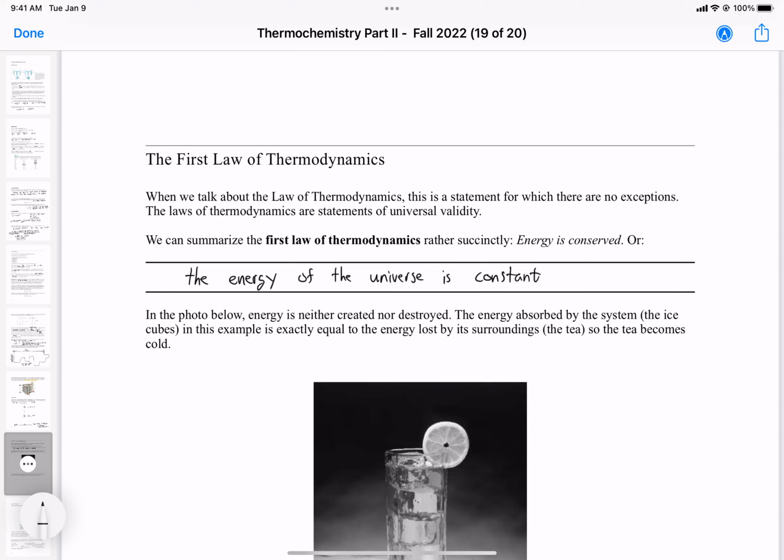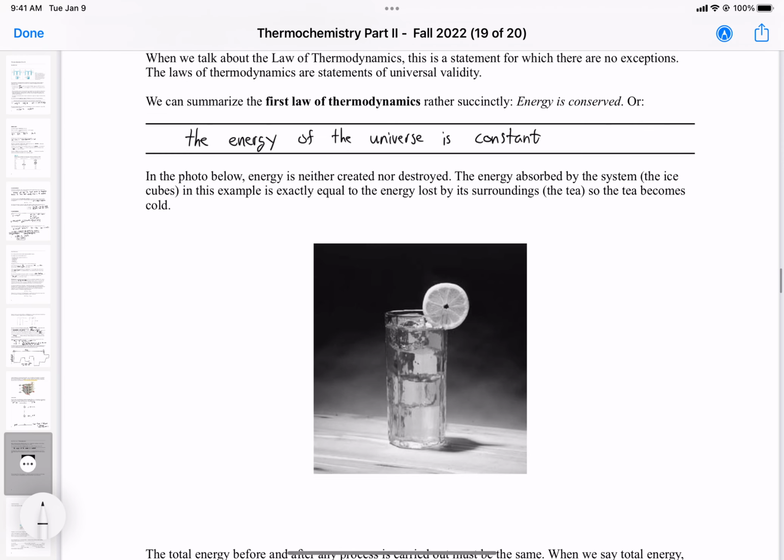Okay, so there'll be a lot of equations we go into, but for today, we're just going to touch upon some of them. Okay, so in this photo, energy is neither created nor destroyed. This is a picture of an iced tea, with a lemon slice there.